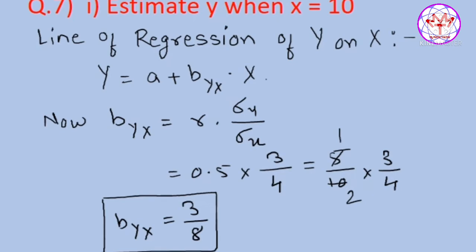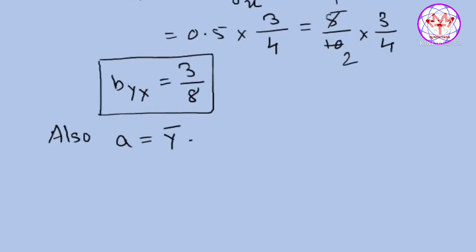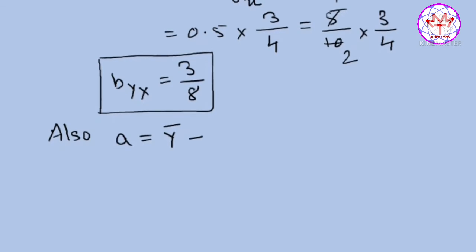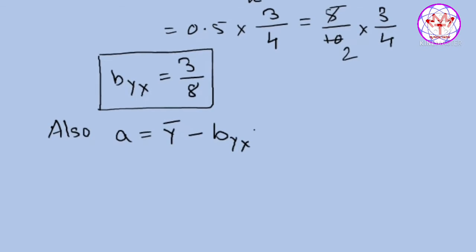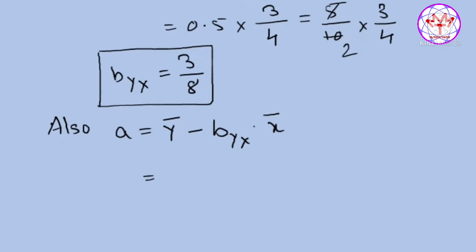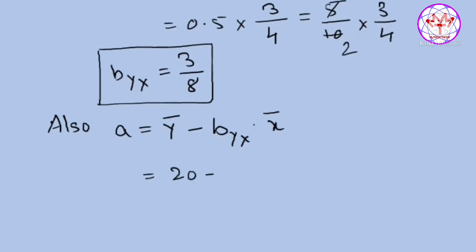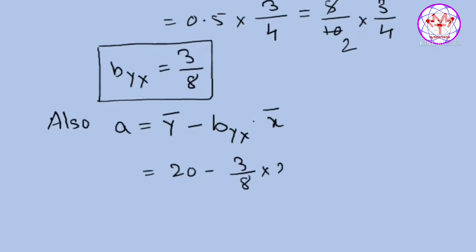Now let us find the value of a. a is given as y bar minus byx into x bar. Let us substitute the values. y bar is 20, byx we have calculated 3 by 8, and x bar is 25.